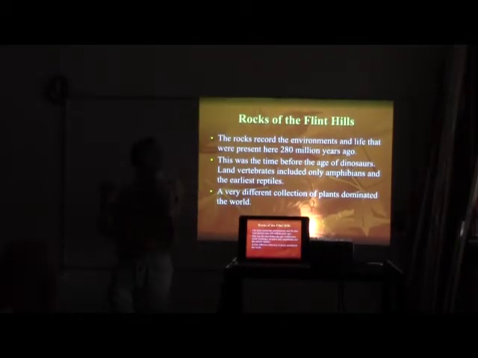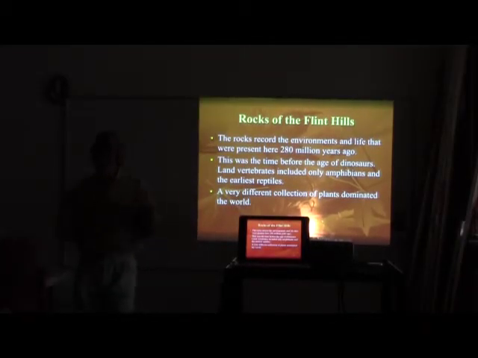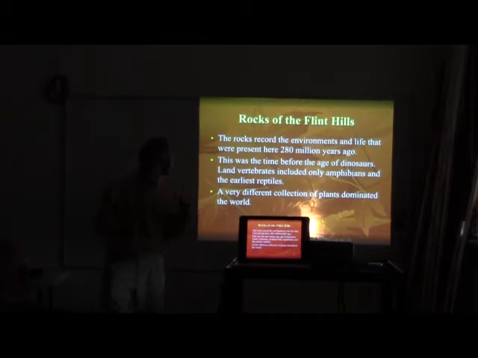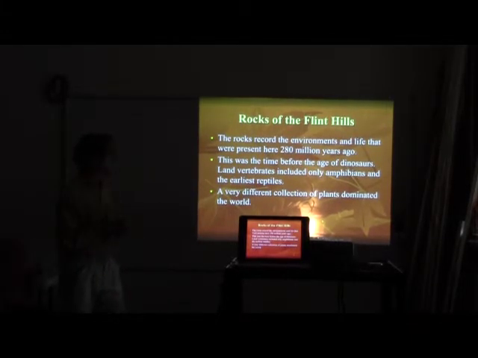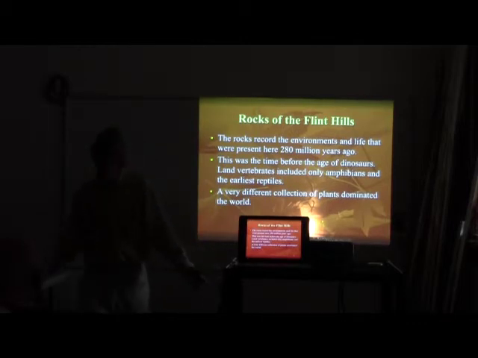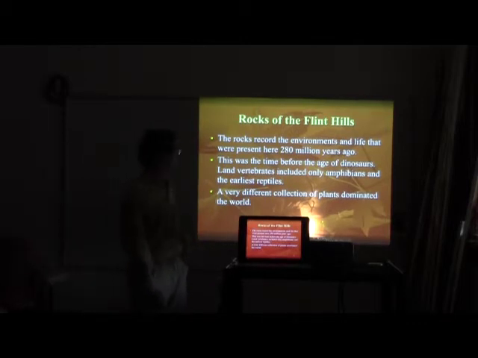Okay, so now I want to spend a little time just talking about what the environment was like here in the Flint Hills when these rocks were being formed. And not only is the paleogeography really different than it is now, but life was very different.